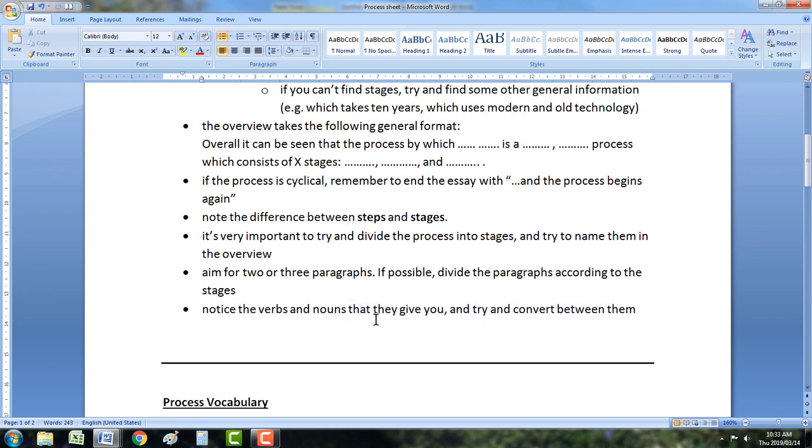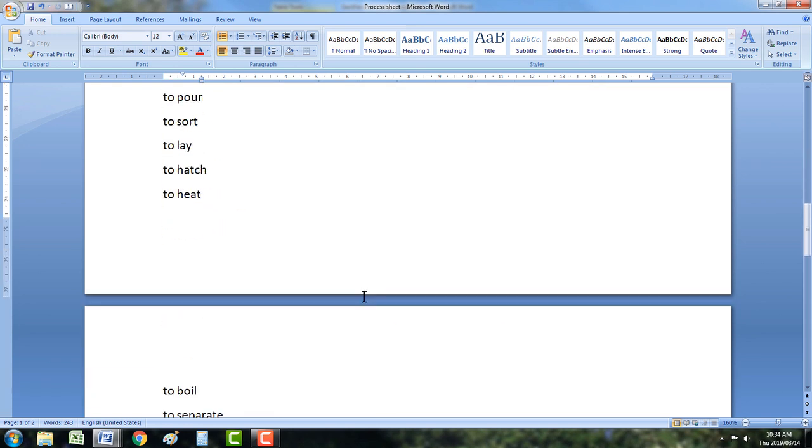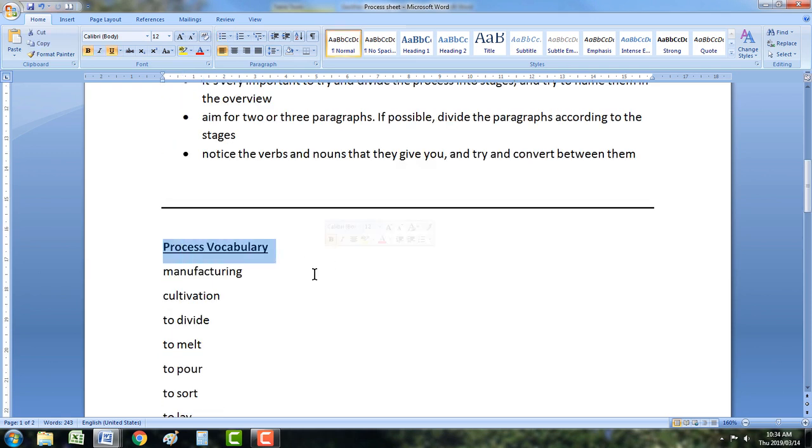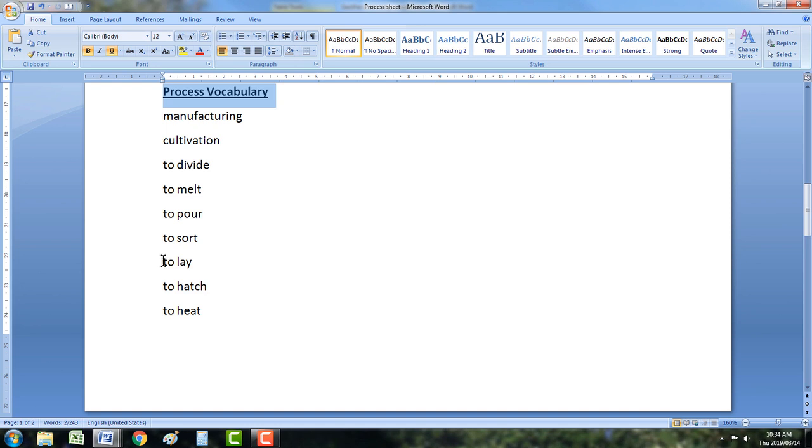Definitely that's an opportunity for you to increase your vocabulary score. These are called word forms: nouns, verbs, adjectives. So change between them. I've added some vocabulary here, but you could add and add and add. I just put this here because you should try and develop your own process list. For example, these 2 words over here are to do with eggs.